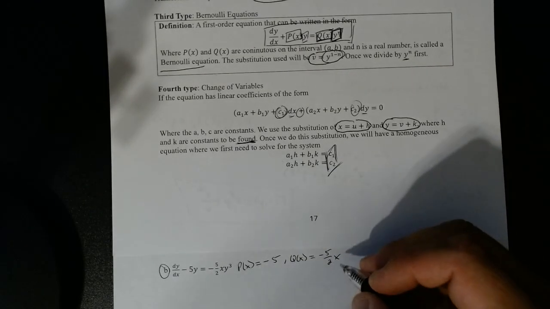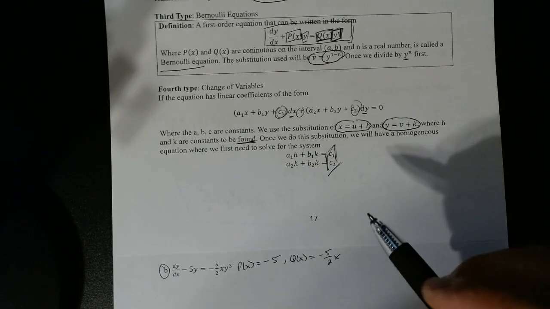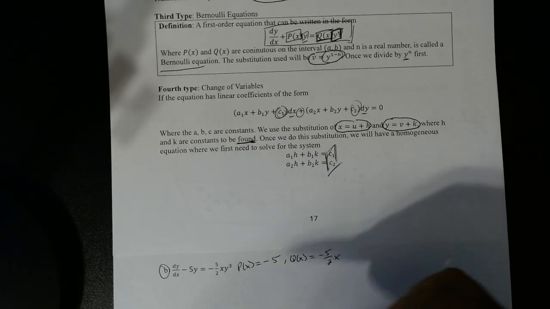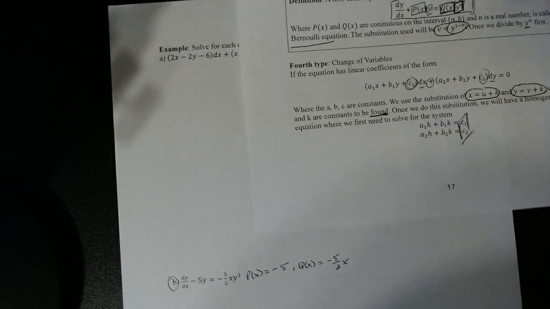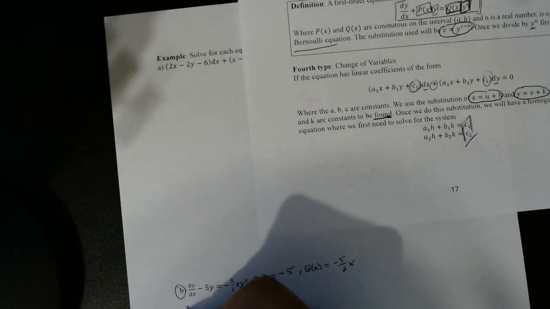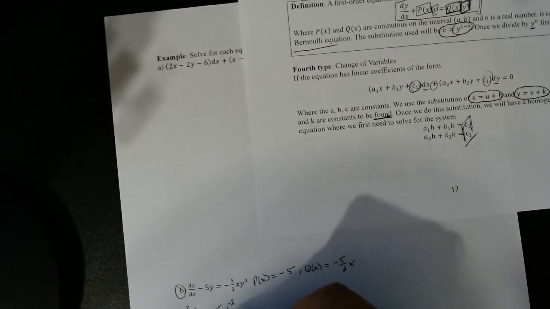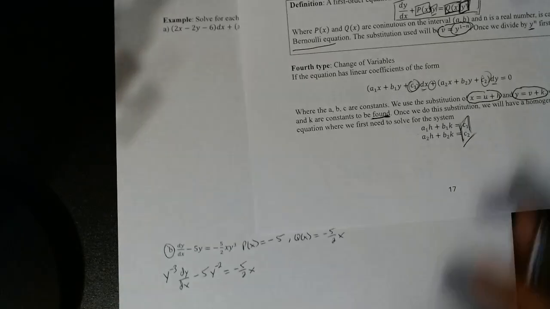Right? Okay, so the first step we're going to do is divide everything by y to the third, this then being y to the second power, and now we just get that. Okay, so now we're going to follow this process.